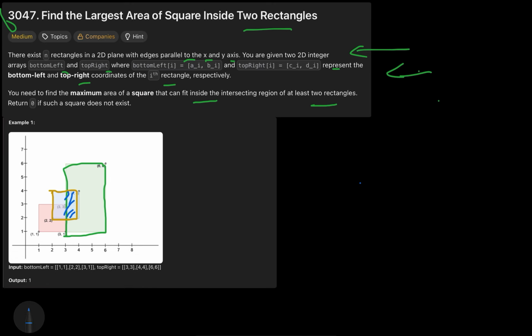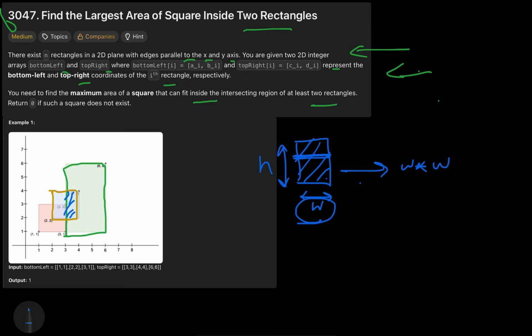Okay, so we have to find the largest square in this overlapping area. So the largest square side would be the minimum of height and width. Here width is smaller, so we'll take that, and we'll return width times width.